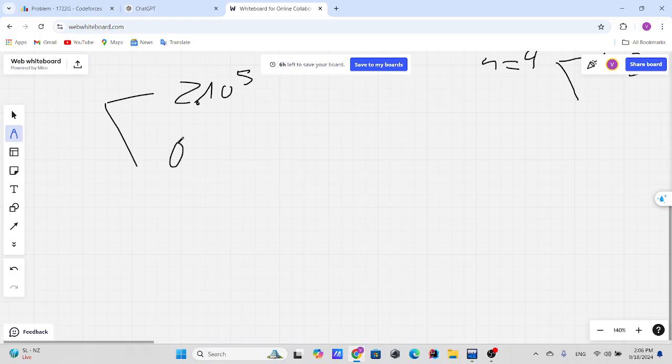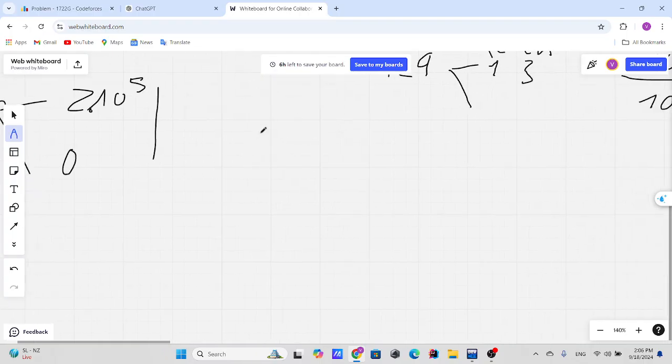May this help? I think so. It can or cannot, it might help, I'm not sure. But what if n is even? When n is even, then this can be absolutely made. Can it? I'm not sure.